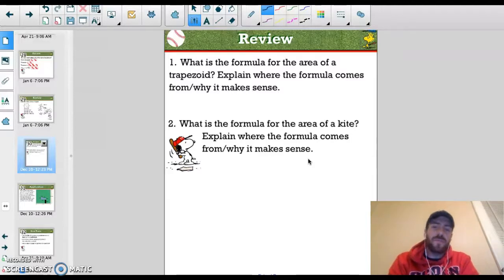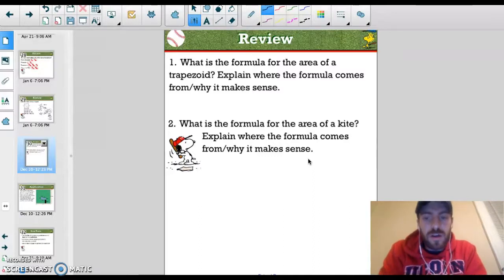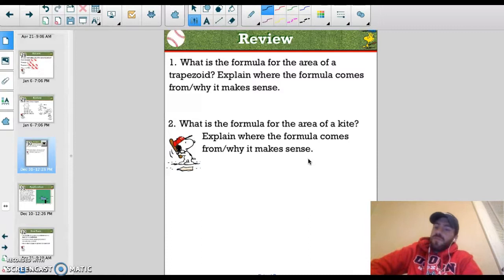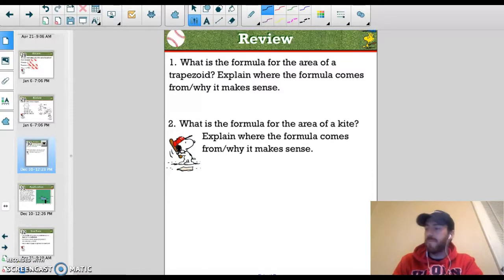The main thing is we want to manipulate the shapes to look like parallelograms, because then we could just apply the base times height formula. So go ahead, pause the video, think about that, and get ready to write stuff down in your next two spots.